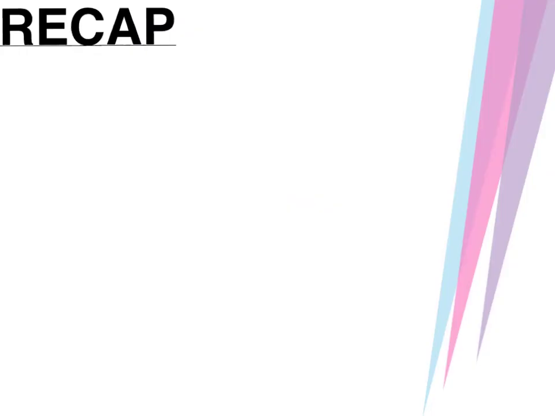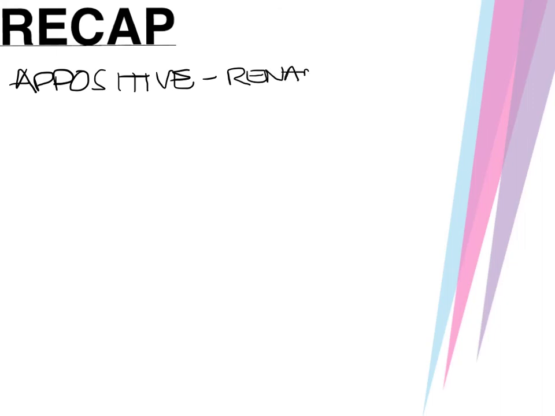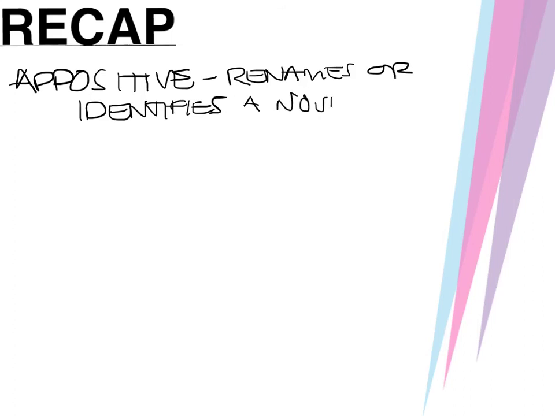So now let's recap. What have we learned today? So we learned about two additional types of modifiers. The first being the appositive, in which we learn that this renames or identifies a noun, typically the subject of your sentence.